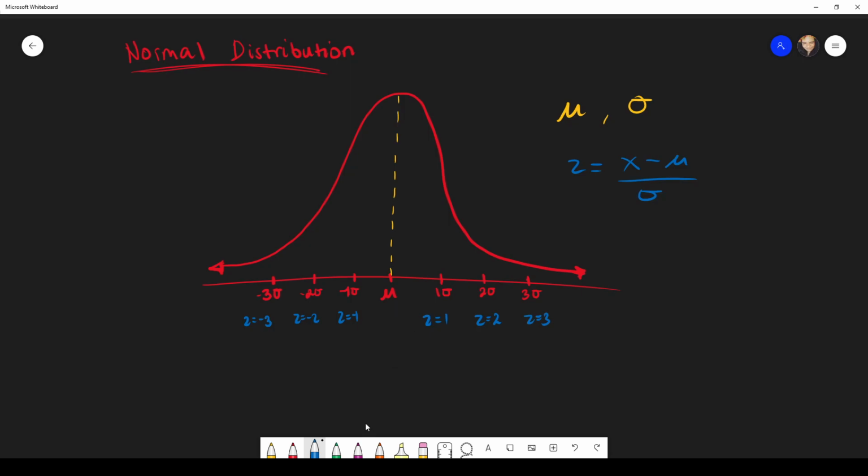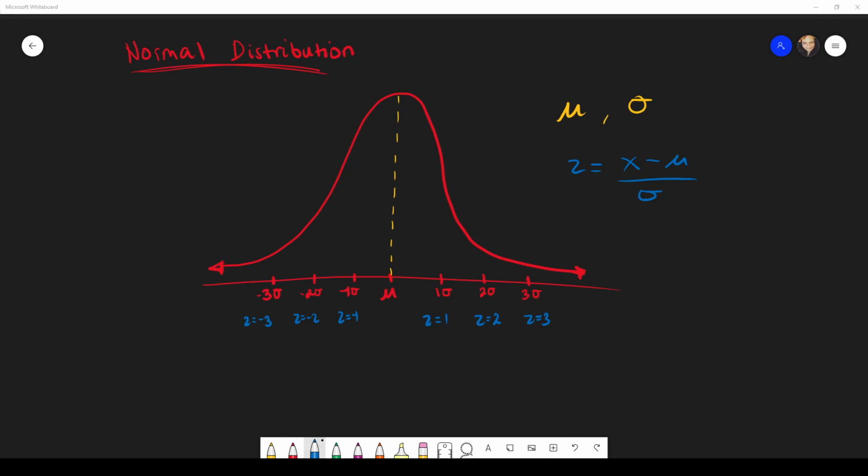Now, knowing how many standard deviations your x value is away from the mean would already tell you what percentage of the distribution falls within that standard deviation. And that is given to us by the empirical rule.